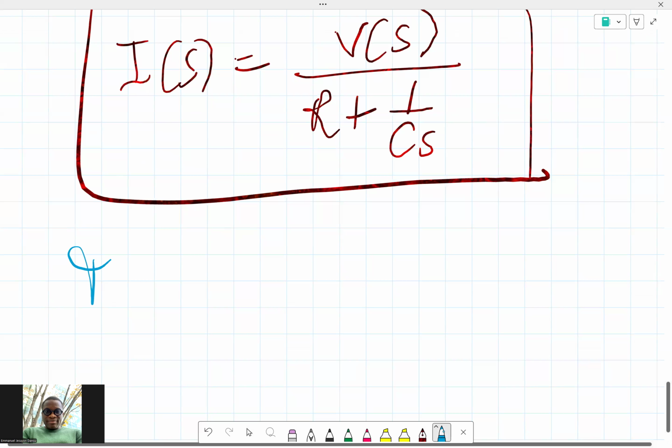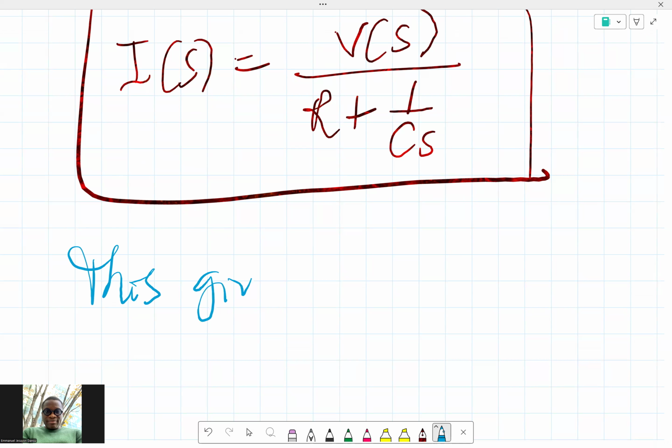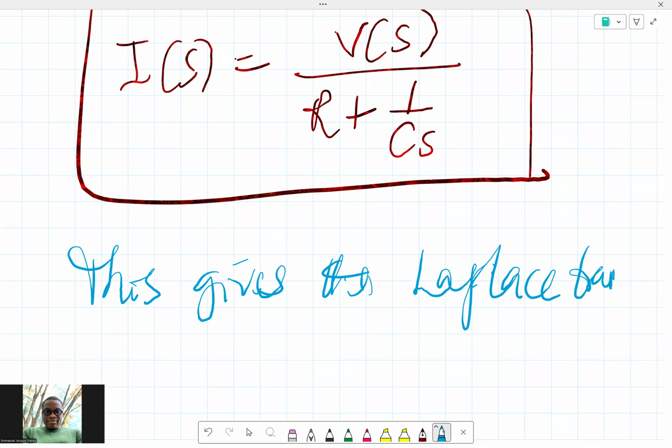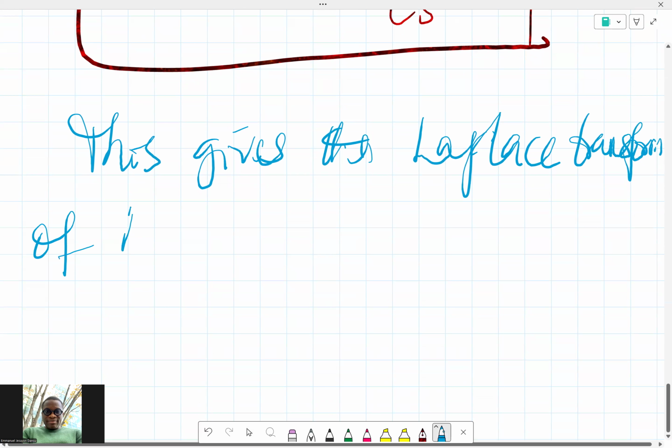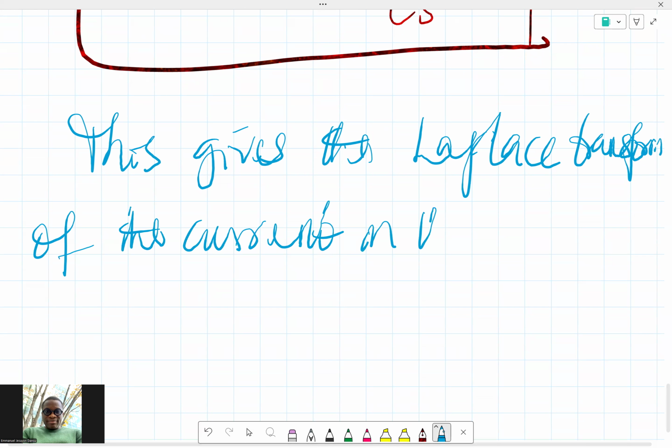So this gives the Laplace transform of the current in the RC circuit.